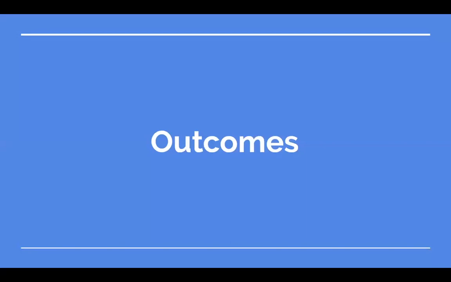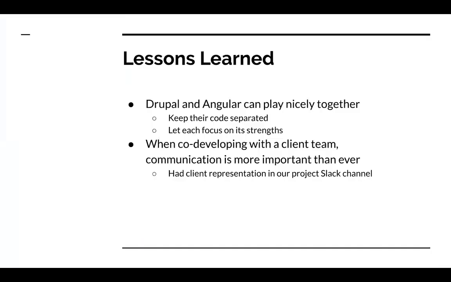So now that we've talked about what we built and how we built it, let's talk about some of the things that we learned along the way. So specifically, Drupal and Angular can be a very effective pairing in terms of allowing each of those technologies to work together, and also when and how to leverage each one of them for their own strengths.